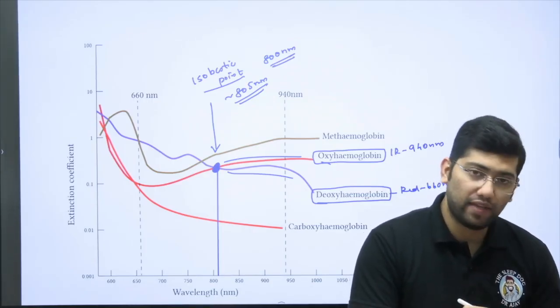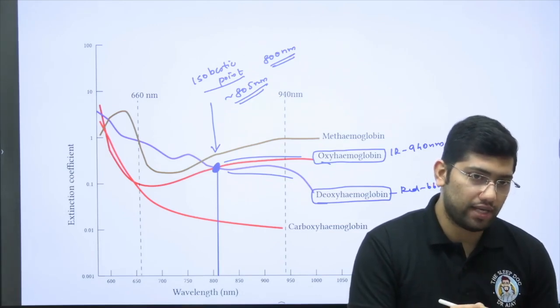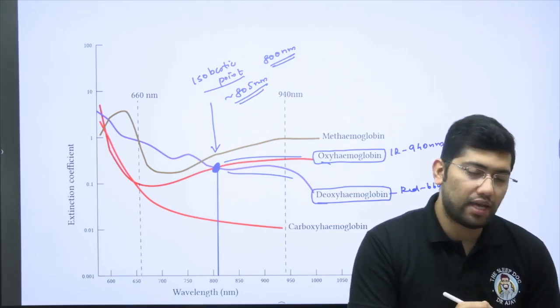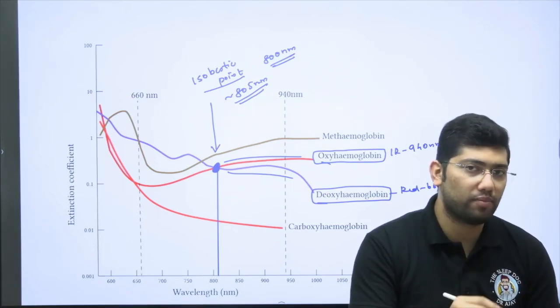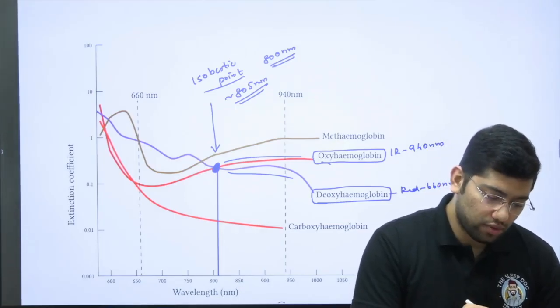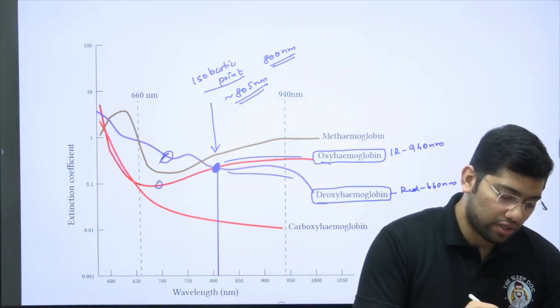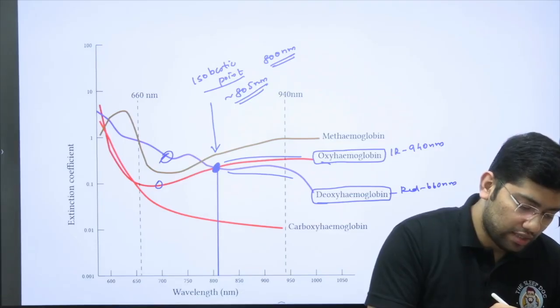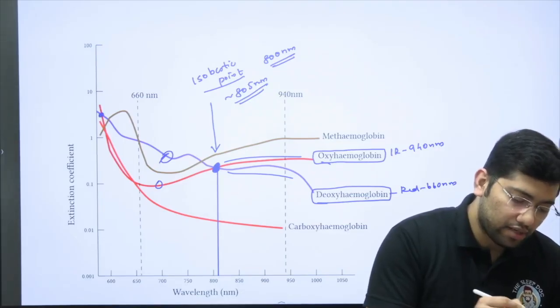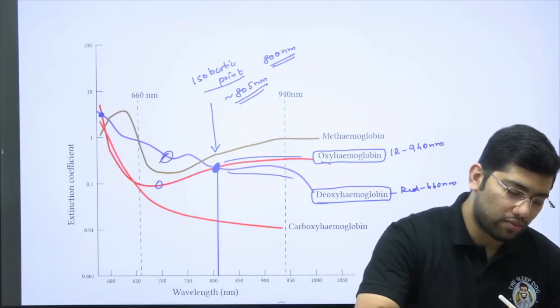Now, most of the exams stop at this. Few higher exams or even foreign exams try to test the limit, asking what is the other isobestic point. Now, for that, you have to trace these two graphs back up, concentrate on this violet and this dark red one. So if you see, these two go and intersect at some point before as well. That is also called an isobestic point.